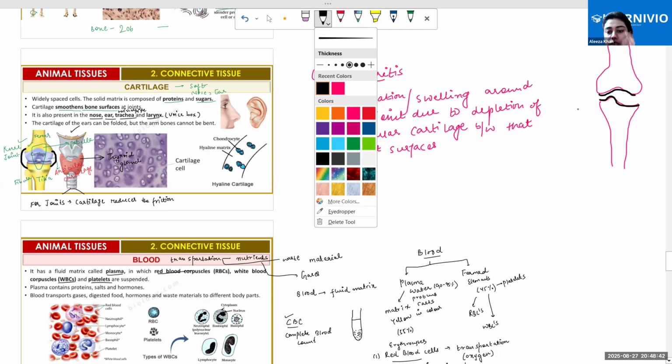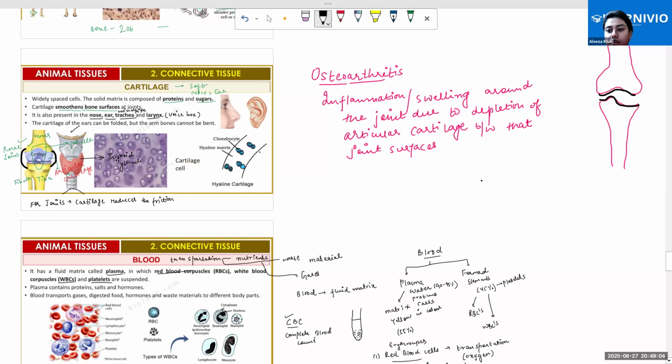If you observe that knee joint from the outside, there will be inflammation, there will be swelling around the structures. That is due to the depletion. So this can be age related also. This could be due to any trauma also. Got it? Yes or no? Yes, ma'am.